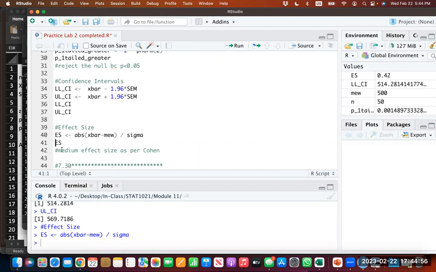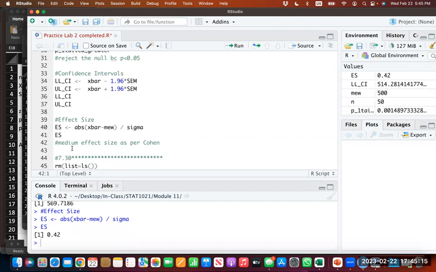Hypothetically it can also be negative, so if you don't take the absolute value it would be negative, but you consider it positive. Remember the convention: 0.2 to 0.5 is small, 0.5 to 0.8 is medium, and greater than 0.8 is large. So that's the effect size. The effect size here is 0.42, which represents a medium-sized effect.